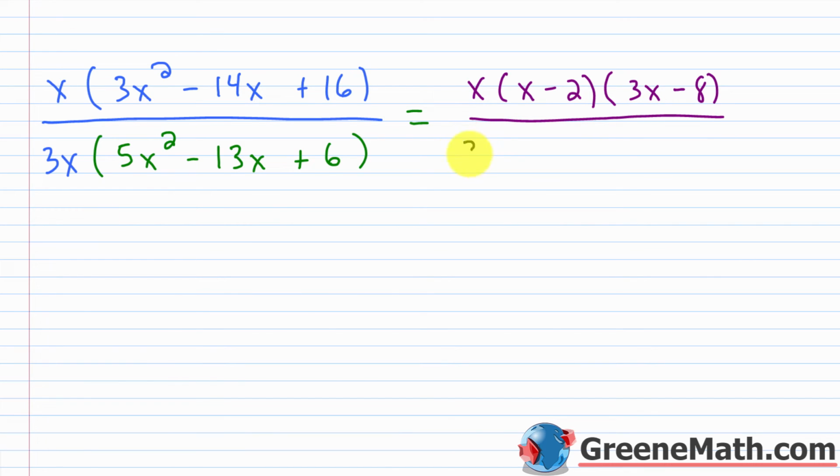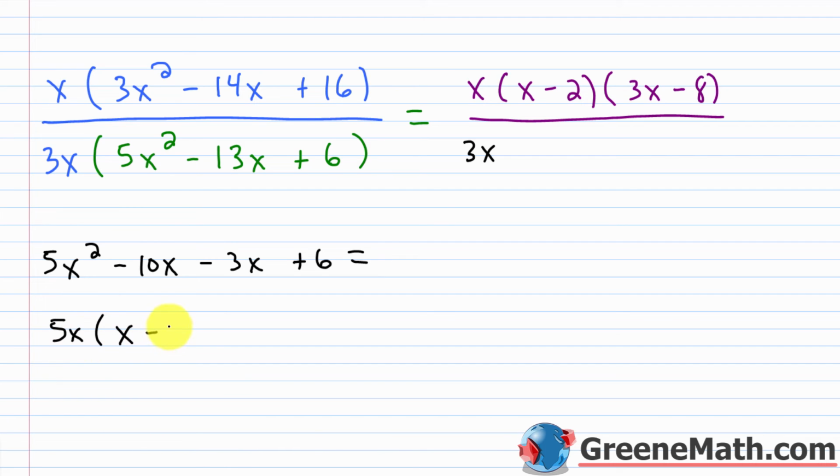So I have my 3x, and then 5x squared minus 13x plus 6. Let's factor that. I want two integers whose product is 5 times 6, or 30, and whose sum is negative 13. That one's really easy. You do negative 10 and negative 3. So you would have 5x squared minus 10x minus 3x plus 6. Again, I just used these two integers to rewrite that middle term. Then I'm going to factor by grouping. From the first group, I could pull out 5x.